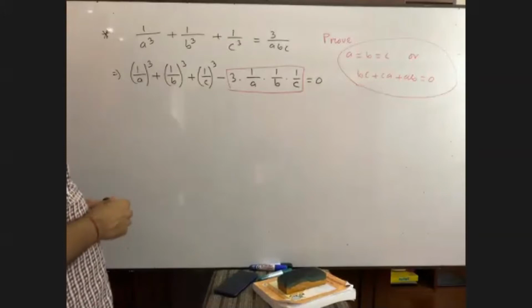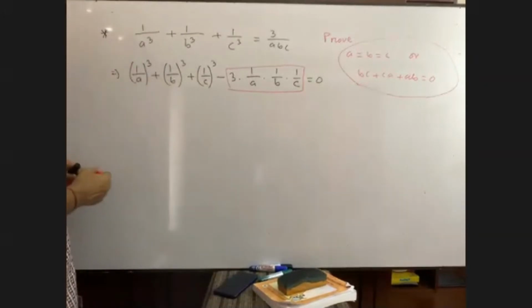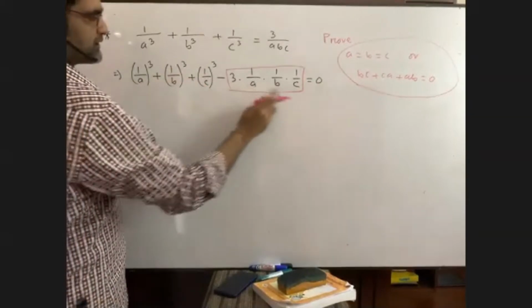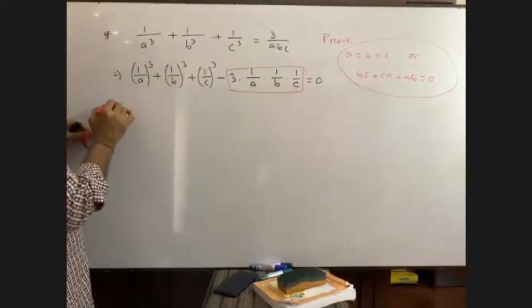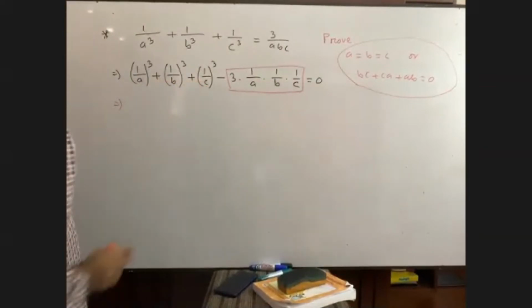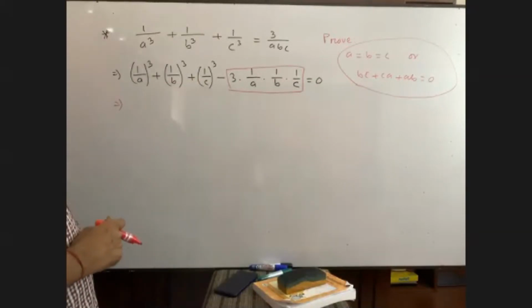you have to apply the corollary here. Now, what is the corollary of a cube plus b cube plus c cube minus 3abc? Have you got the math? Yes, sir. Today, at the very beginning, we showed you the factorized form.